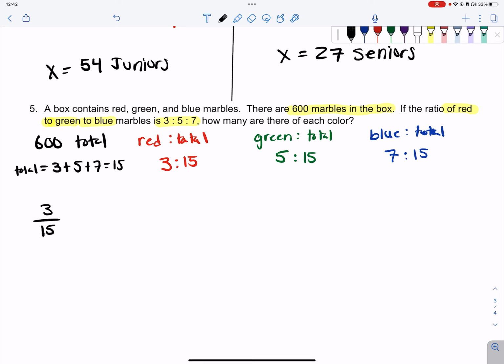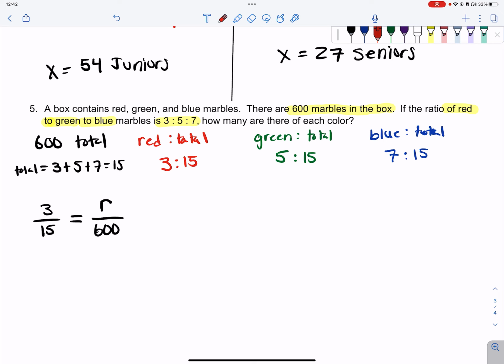For every 15 marbles in the box, 3 of them are red. So now I can set this equal to our unknown amount of red, which I'm going to call R, divided by our total in the box, which is 600. And now I want to solve this equation for R.